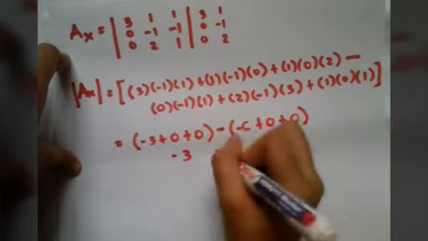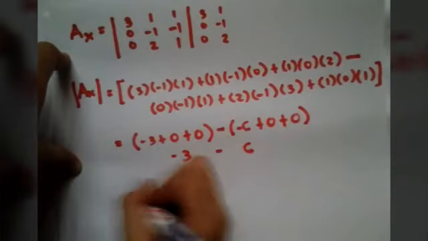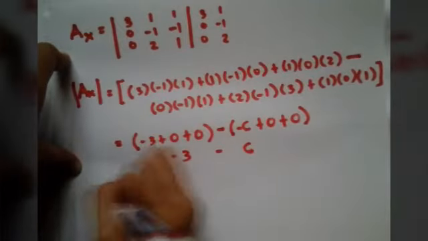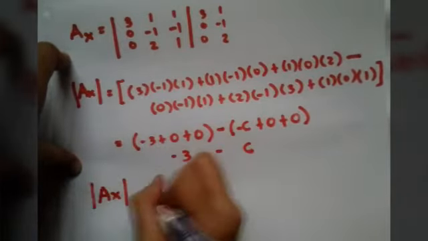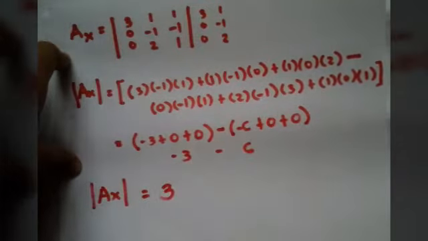It will be negative 3 minus negative 6. Determinant of A sub x will be 3.